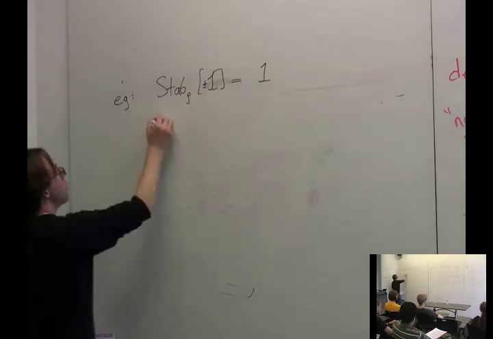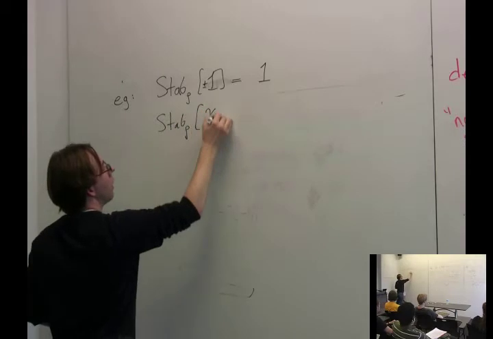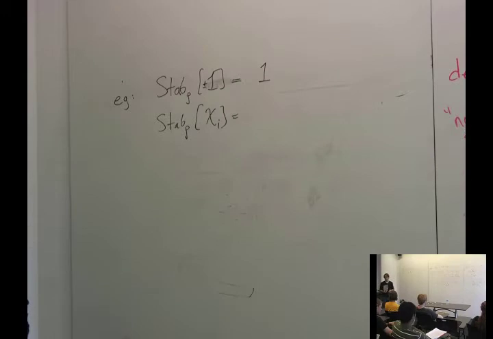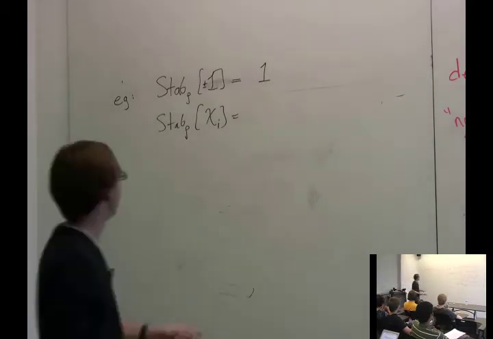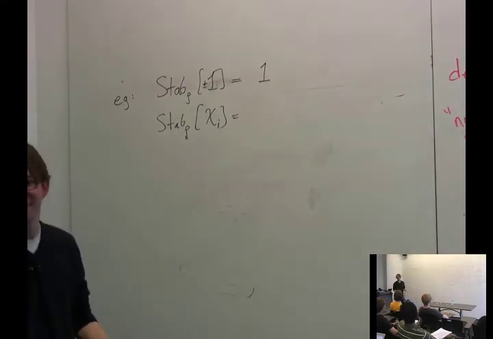How about the stability at rho of a dictator function, chi i? Some awesome whistling going on out there. Stability, forget about delta. Is it too easy?